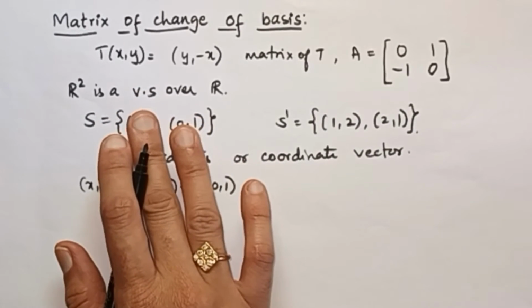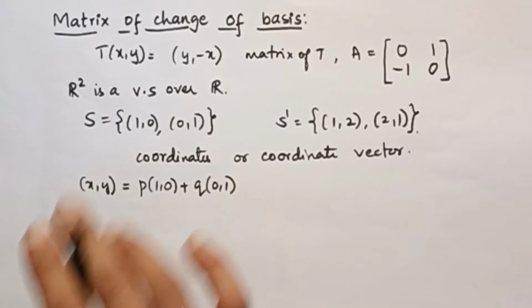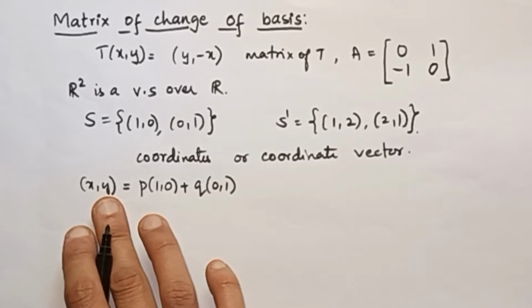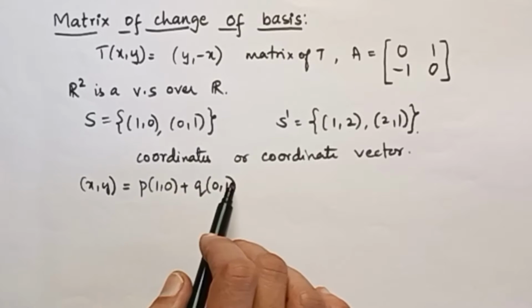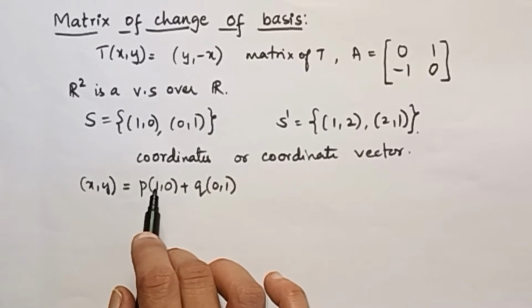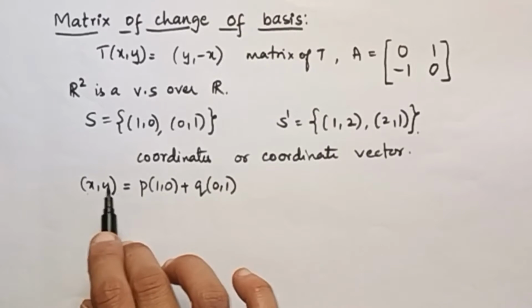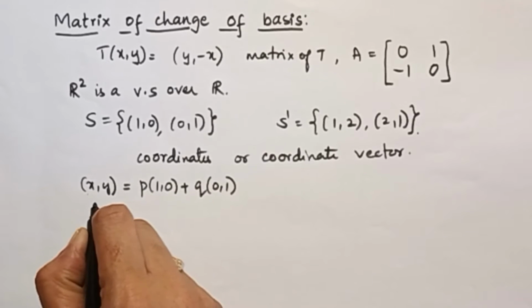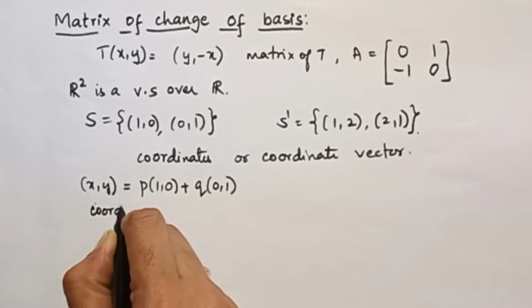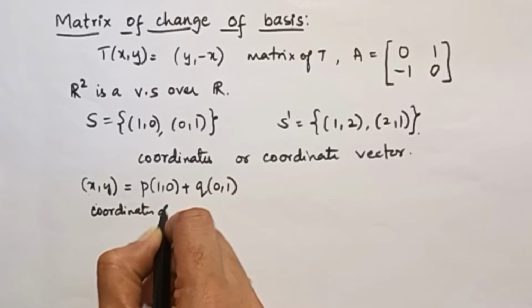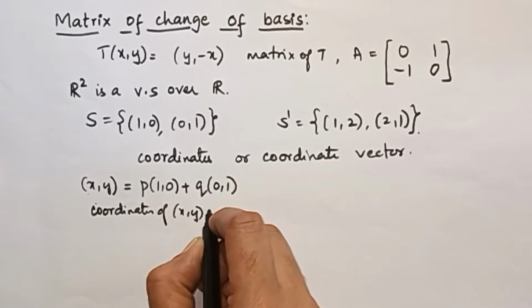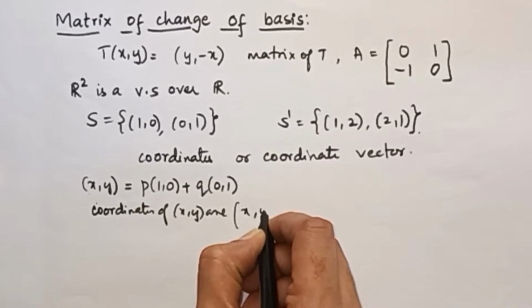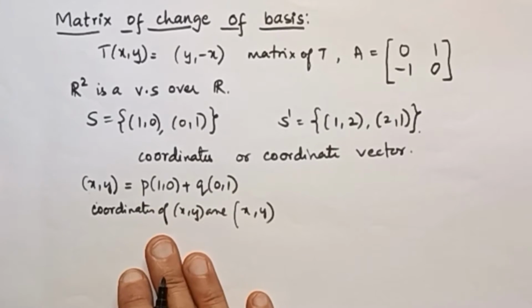With respect to the basis, if we have chosen S as the basis, (x, y) can be written as a linear combination of these basis vectors. So p equal to x and q equal to y. When you solve that, the coordinates of (x, y) are nothing but (x, y). That is because it is with respect to the standard basis.